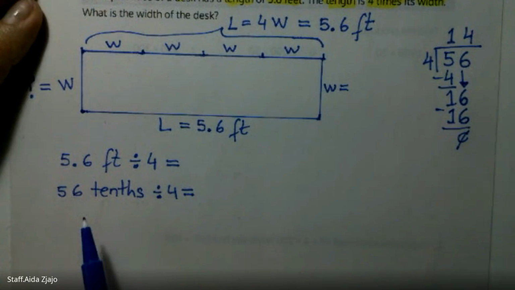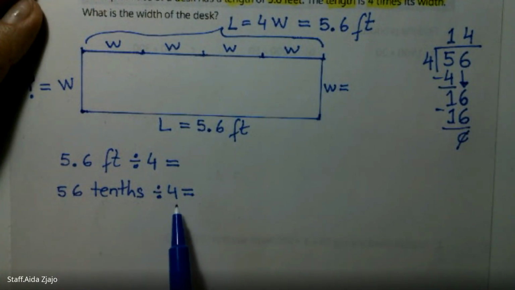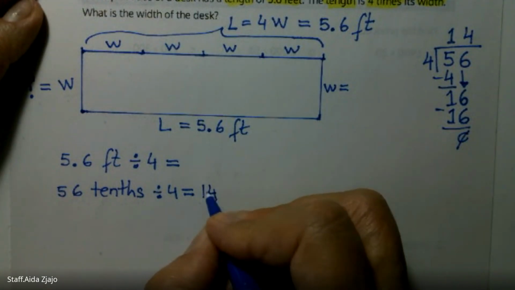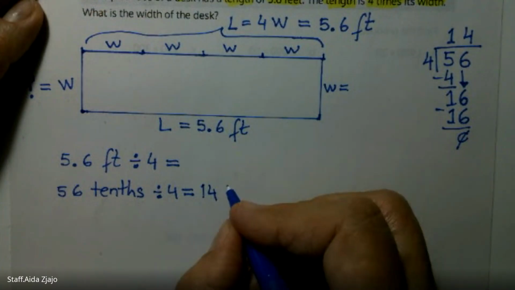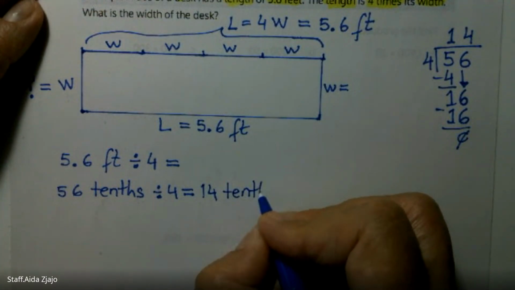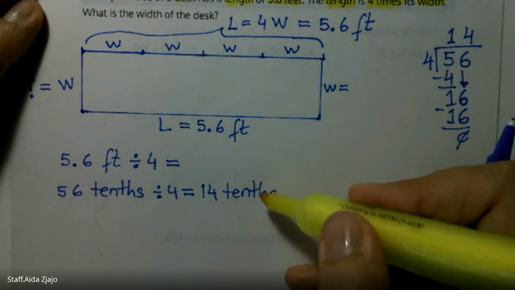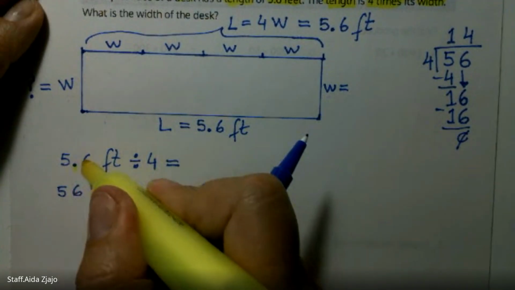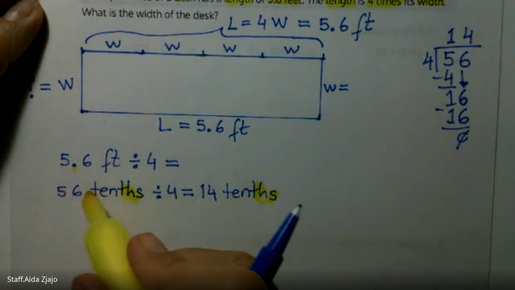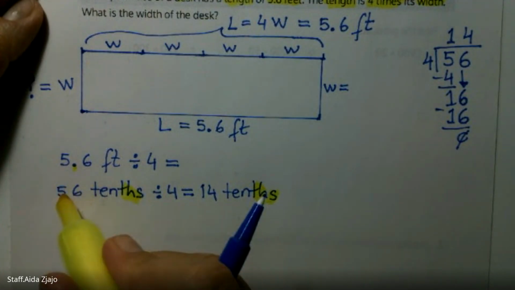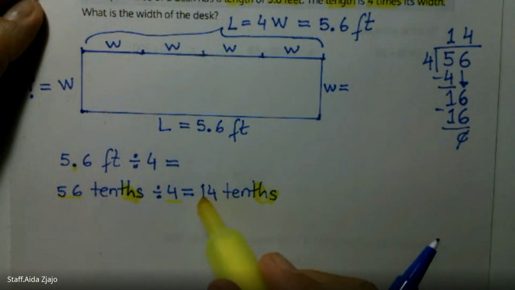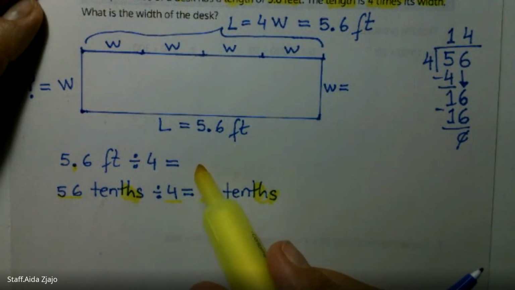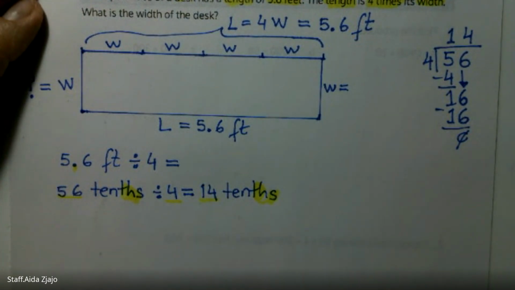When I'm thinking about 56 divided by 4, that is 14, but it's not 14, it's 14 tenths. That's one way of thinking. We need to think that these are the 5 and 6 tenths, so together they're 56 tenths. When we divide 56 into 4 groups, each group gets 14, but 14 tenths is really 1.4 as a solution.